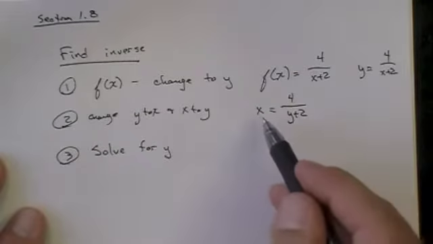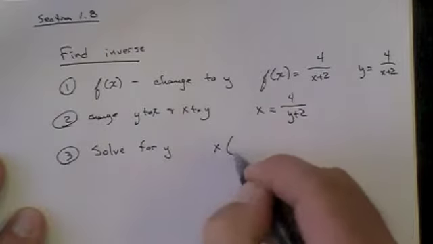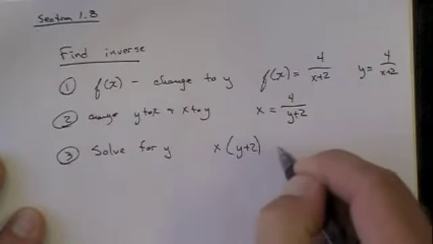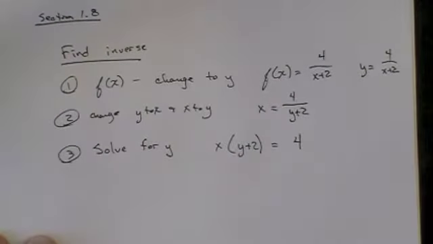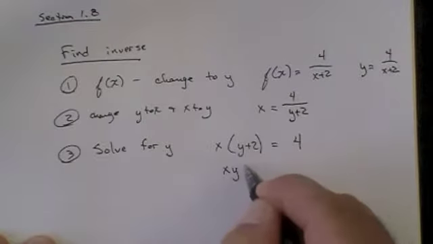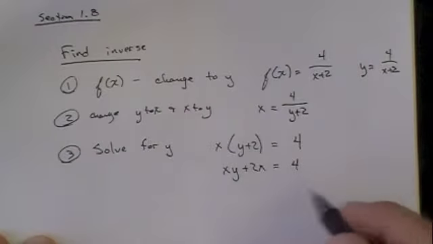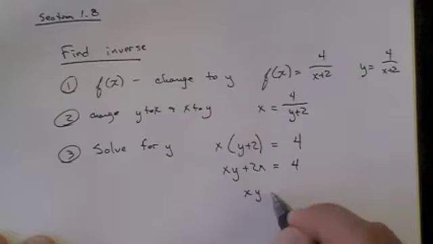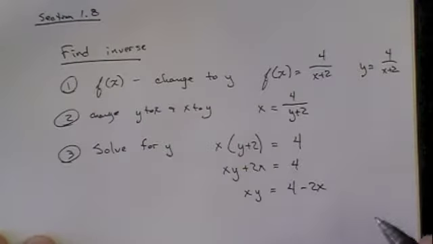Here we would multiply both sides by y plus 2. So now we have x times the quantity y plus 2 equals 4. Next we distribute the x, so we have xy plus 2x equals 4. Subtract the 2x over, so xy equals 4 minus 2x.